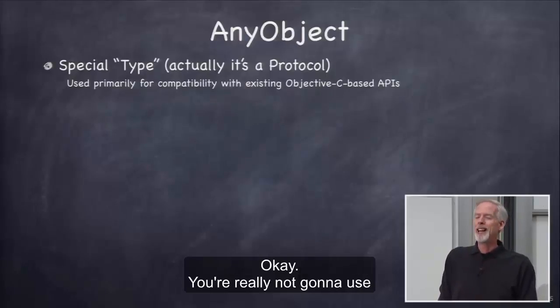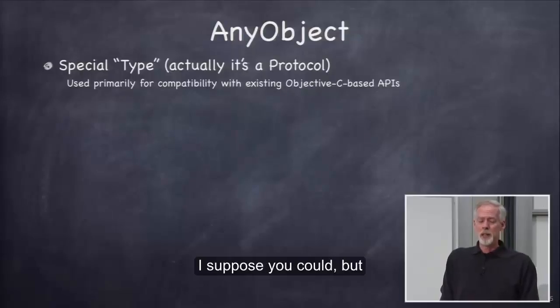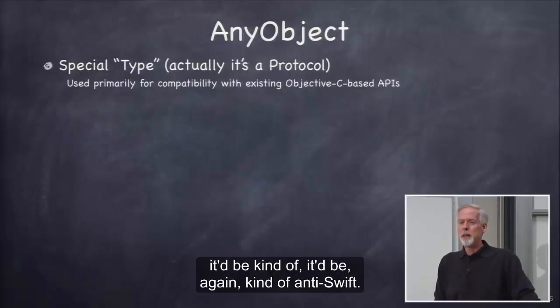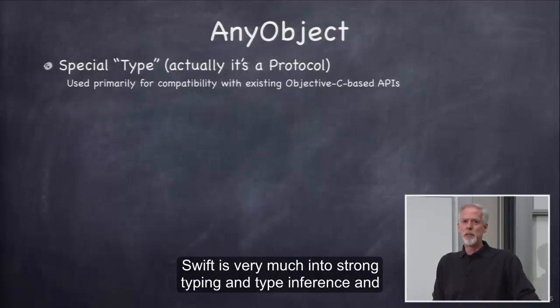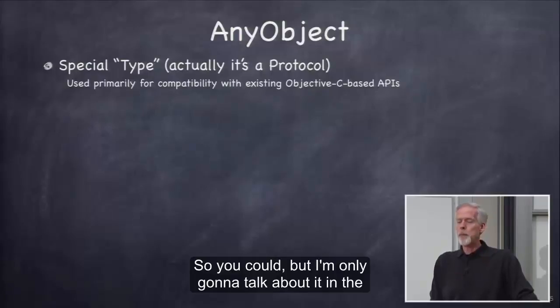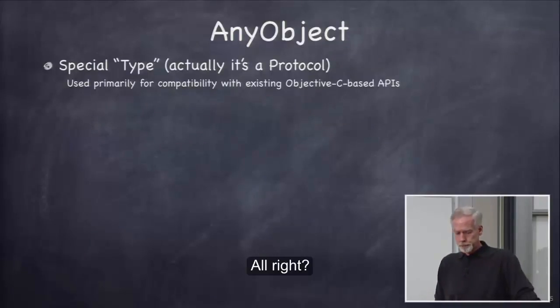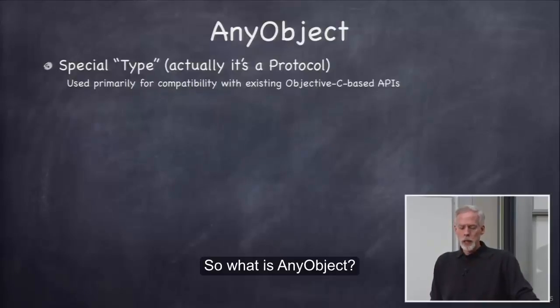You're really not going to use AnyObject to build your own data structures very much. I suppose you could, but it'd be, again, kind of anti-Swift. Swift is very much into strong typing and type inference and all that. So you could, but I'm only going to talk about it here in the context of using it as this compatibility thing. All right, so what is AnyObject?